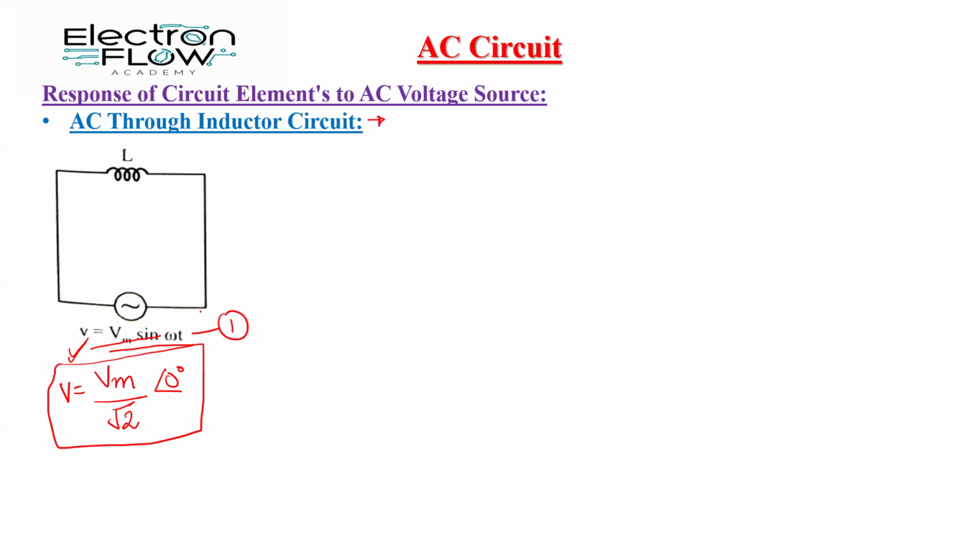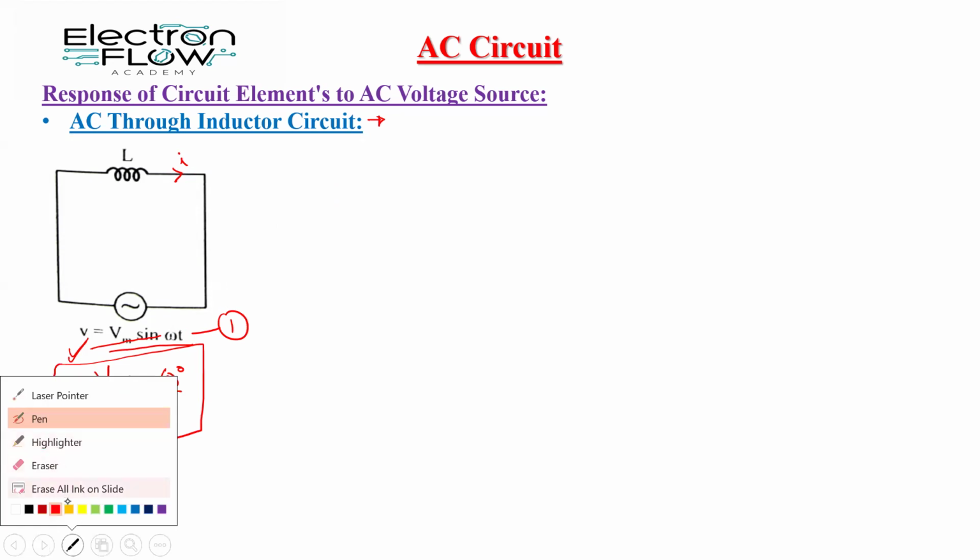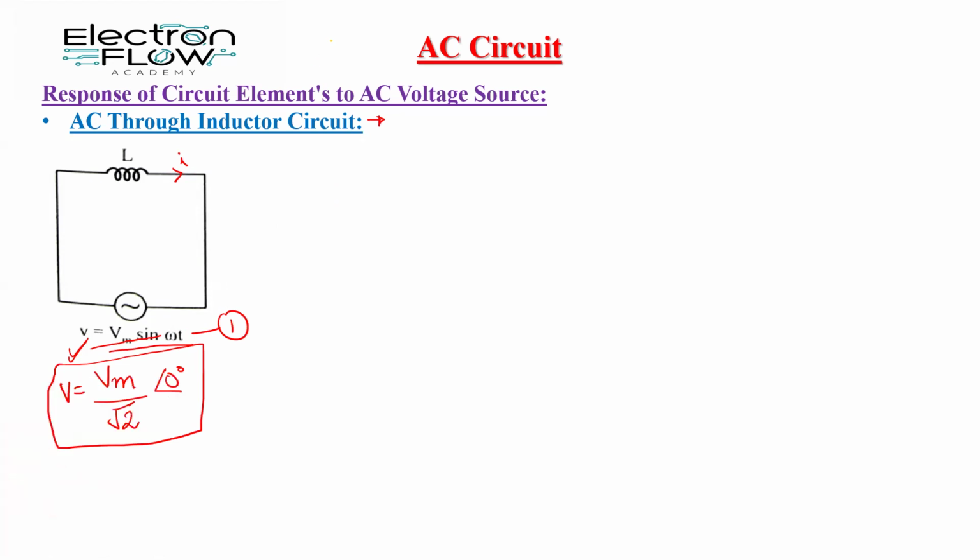We know that when a voltage is applied across an inductor, current I starts flowing, and the relationship between the applied voltage and the current is given by the expression V equals L di by dt.